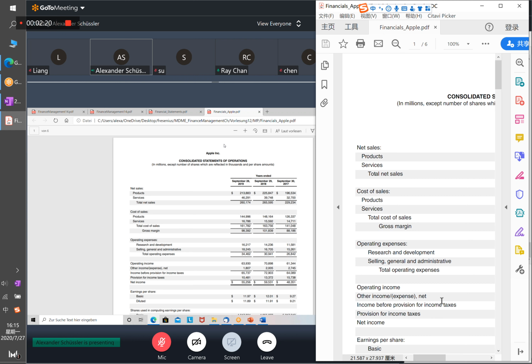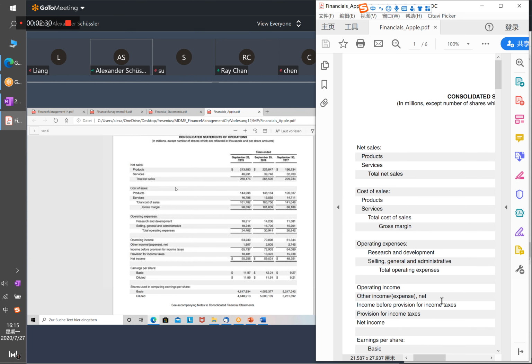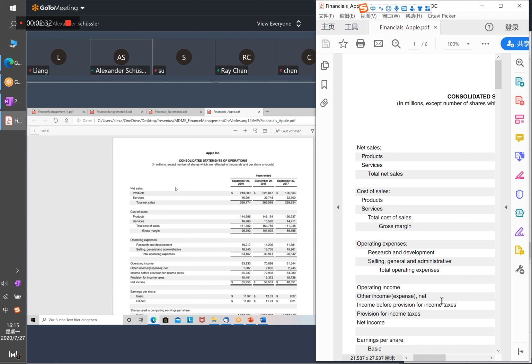Yeah, but generally, if you open the statement, the first page is actually the income statement. Apple calls it consolidated statement of operations.